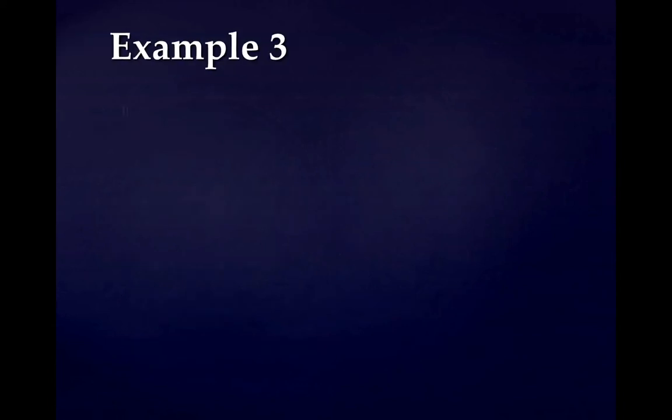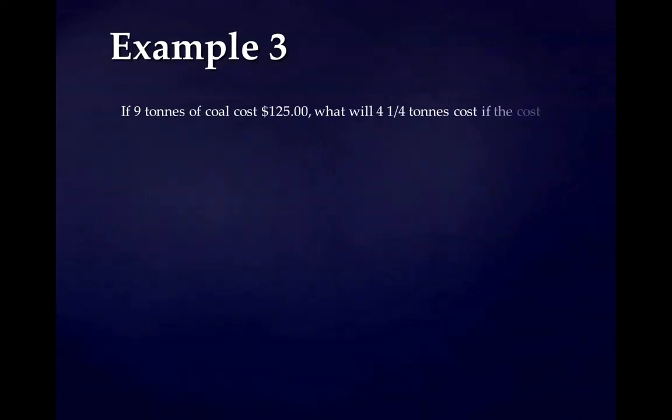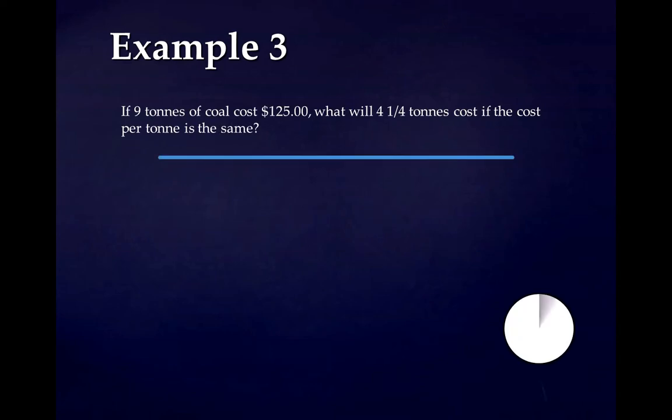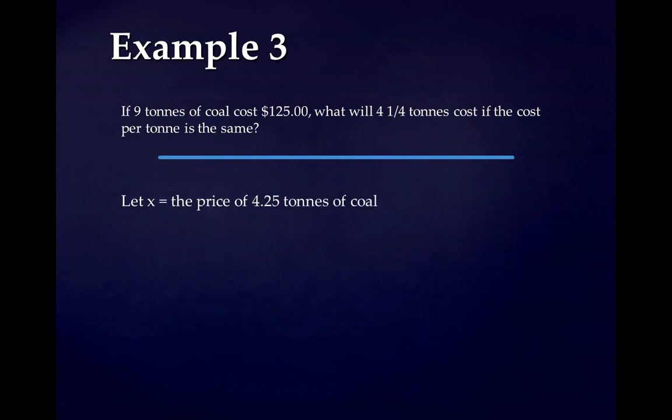Example 3. If 9 tons of coal cost $125, what will 4 1/4 tons cost if the cost per ton is the same? Let x equal the price of 4.25 tons of coal. The proportion is written as follows. x is to 125 as 4.25 is to 9. We know that the extremes, x and 9 multiplied together, will equal the means multiplied together, 125 and 4.25.